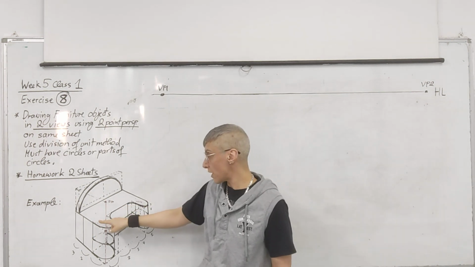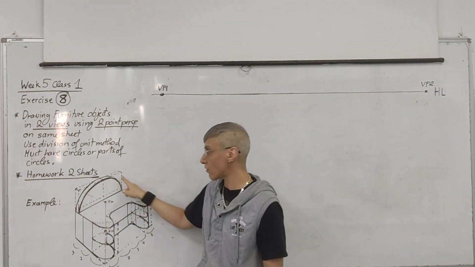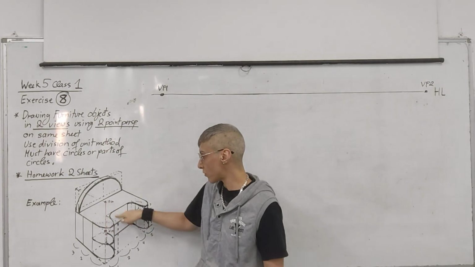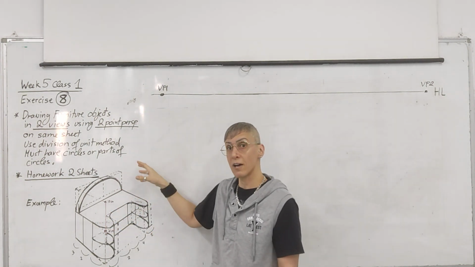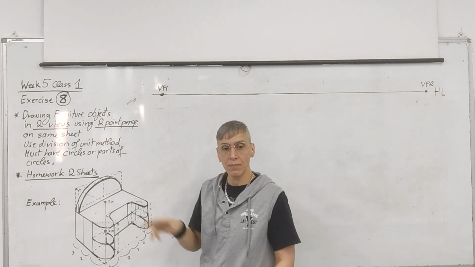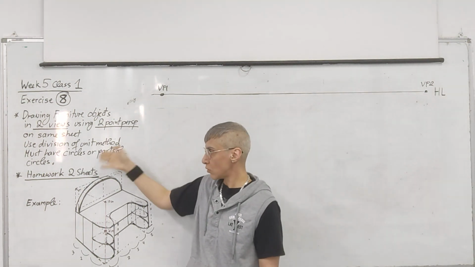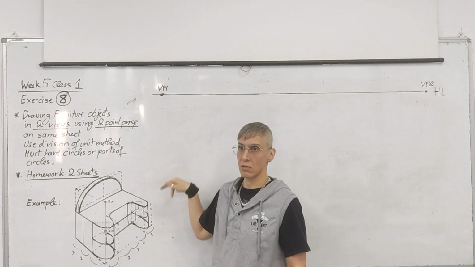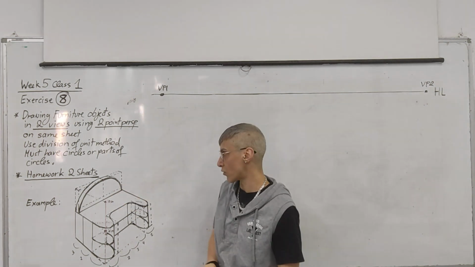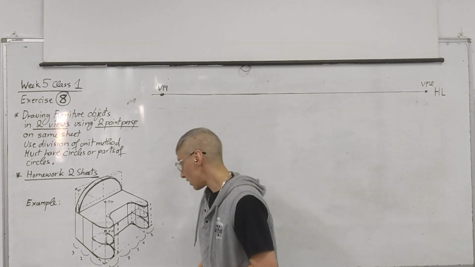Like you see, this is a part of a circle. This is parts of circles. I don't have complete circles, but we have parts of circles. So in your homework, you need to also include circular objects or parts of circles, as I said. So let us start now.